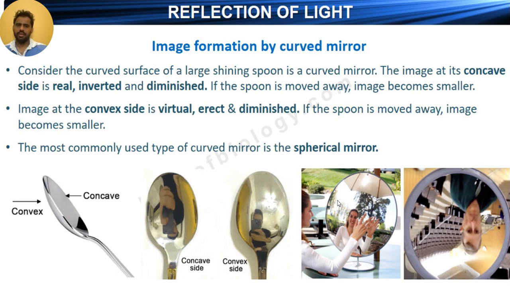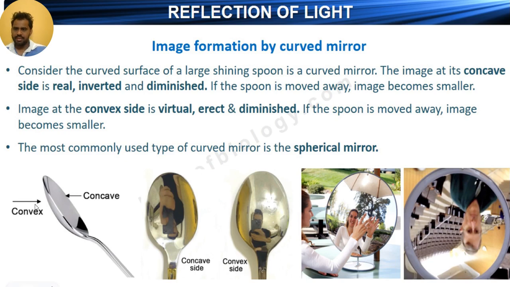Let us try to understand the image formation by curved mirror. Consider the curved surface of a large shining spoon as a curved mirror. The image at its concave side is real, inverted, and diminished.